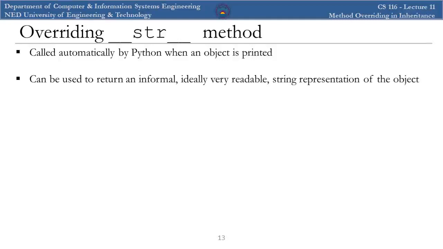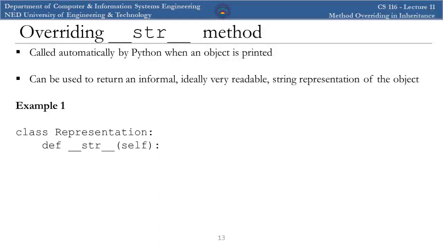Now let me show you a small example first. I am defining here a new class called Representation, and I am defining this method here, str. Actually, this method is from that base class object, because Representation is inheriting by default from the class object. So I am overriding this method, and here I am providing some print statement, right?